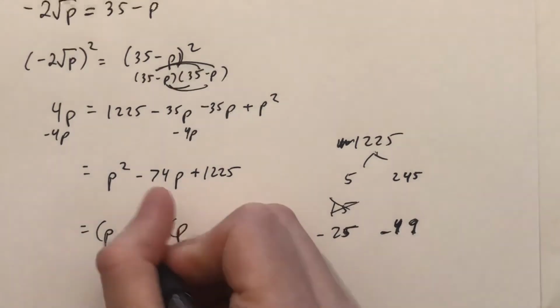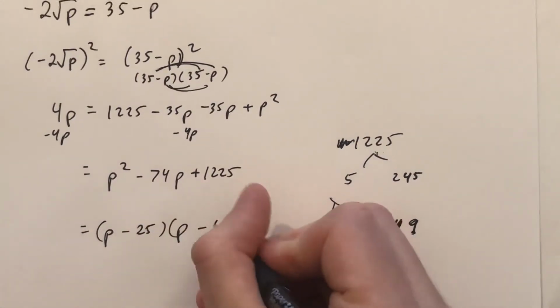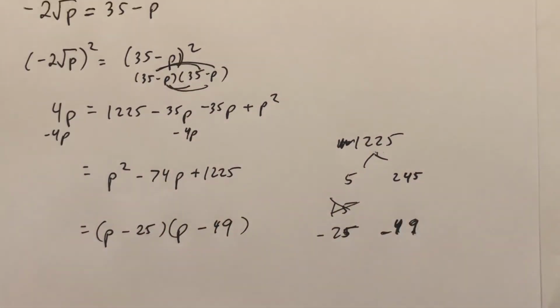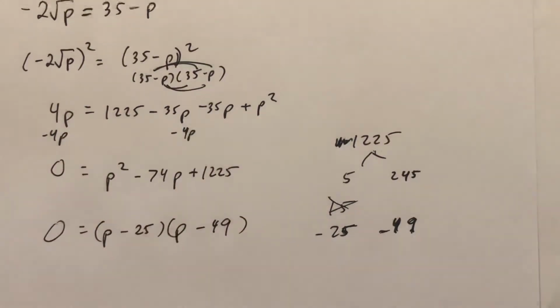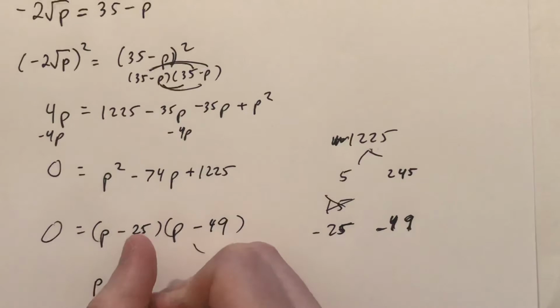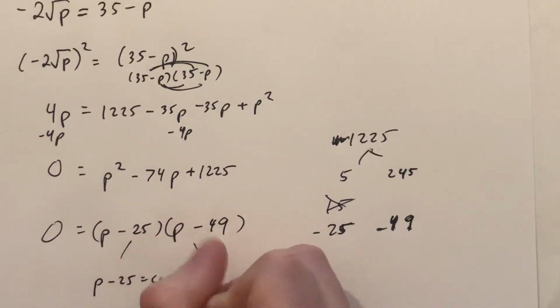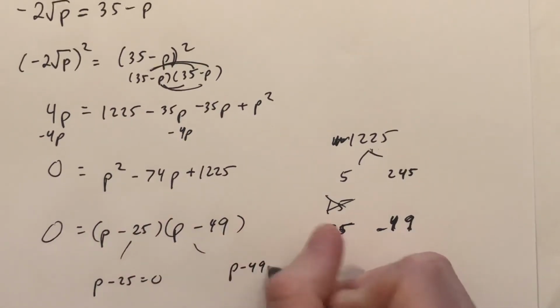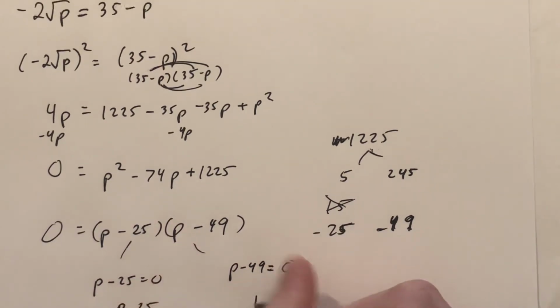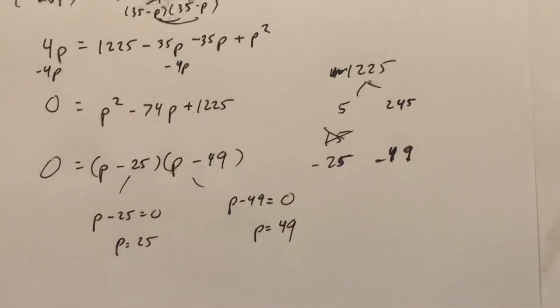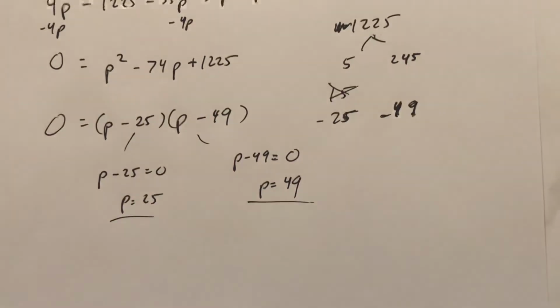So our easy case number game would be p minus 25 and p minus 49, and that's equal to 0. So we get p minus 25 equals 0, or p minus 49 equals 0. So 25 and 49 as our possible answers.